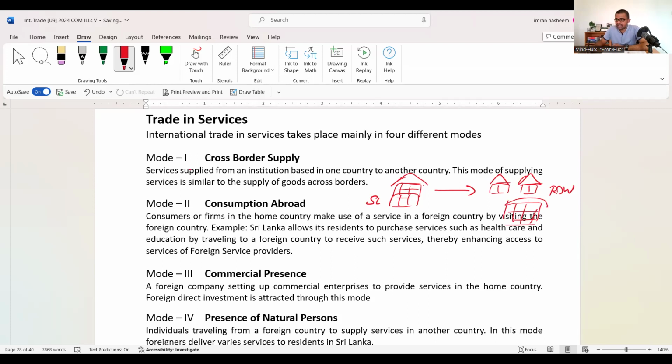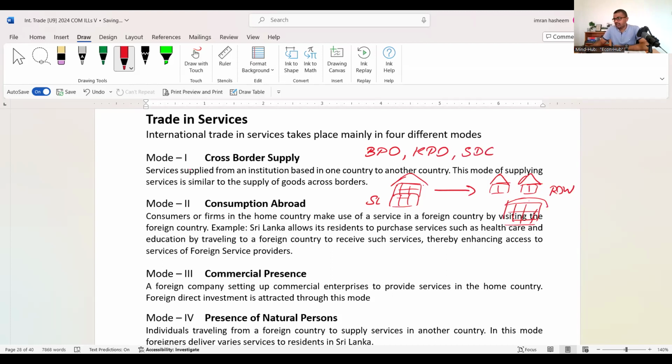Many industries are there. Could be something like BPOs, business process outsourcing. Then we have KPOs, knowledge process outsourcing. Then we have software development companies.